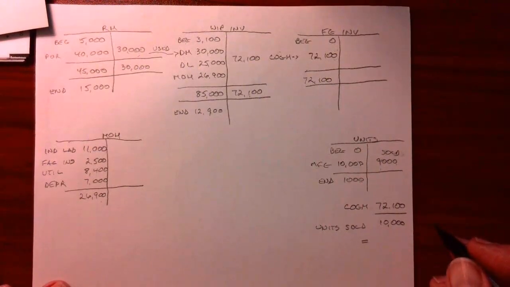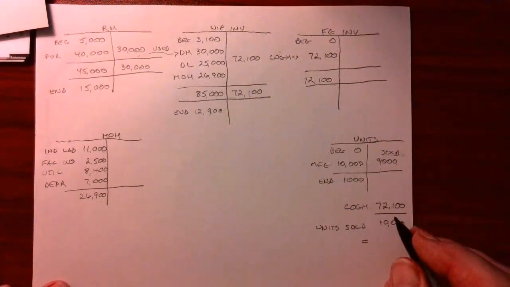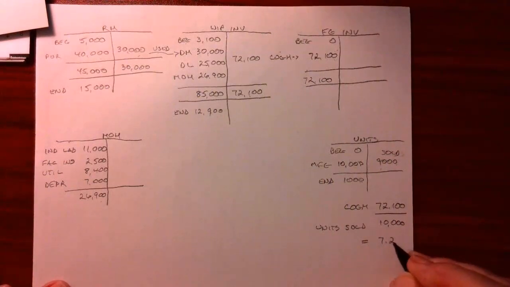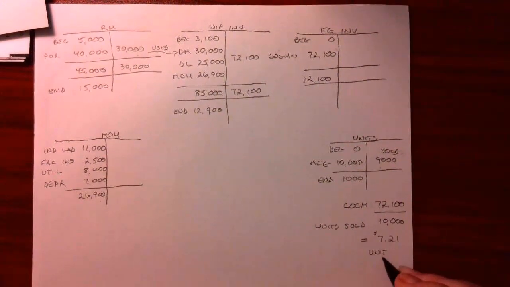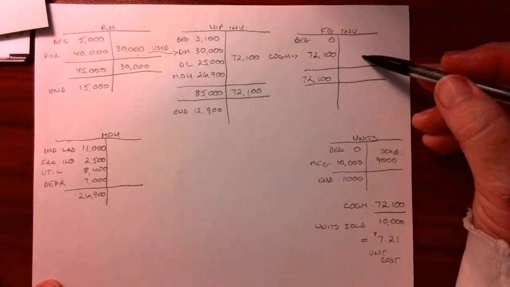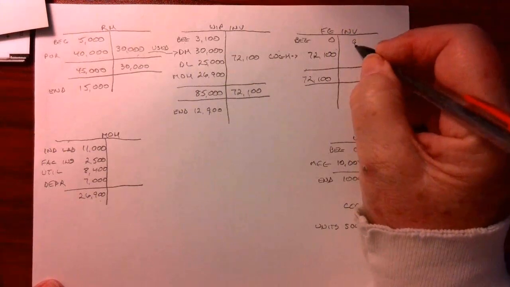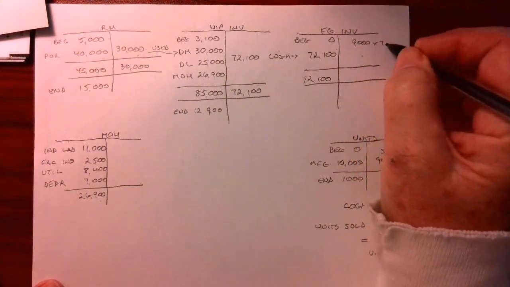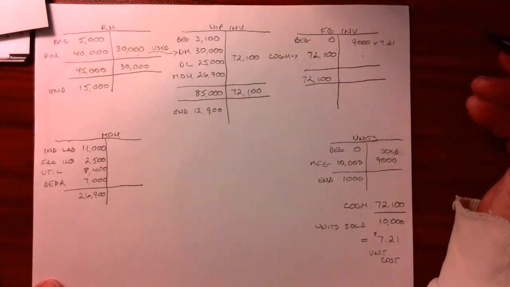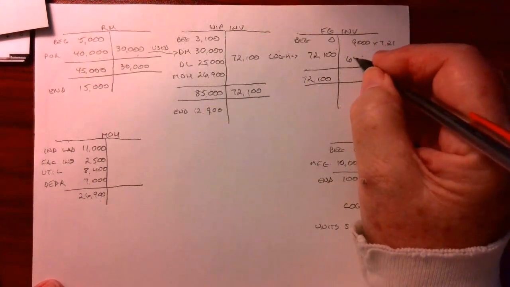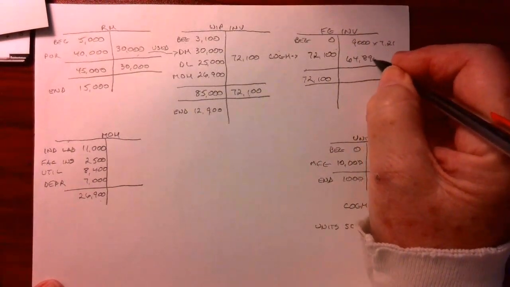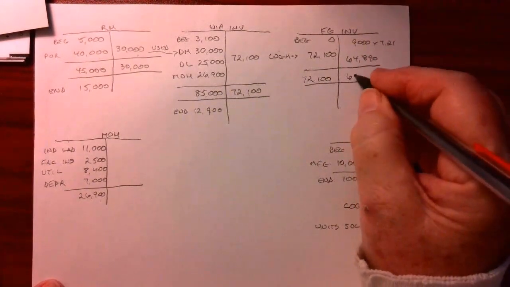I just think it's easier to learn with a straight problem without a lot of twists in it. So 721 would be my unit cost, rather than price. So if I've got 9,000 units over here, 9,000 times 721 would be 64,890. Okay, that's what this would be.